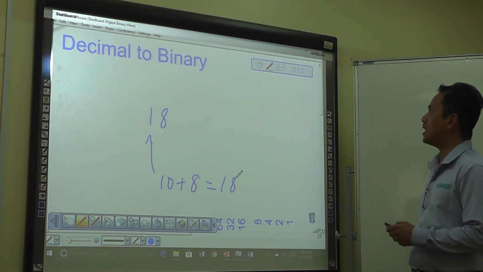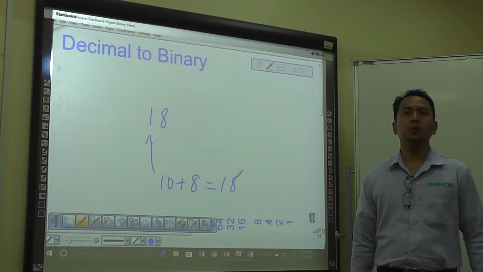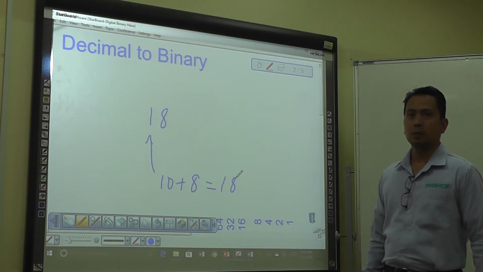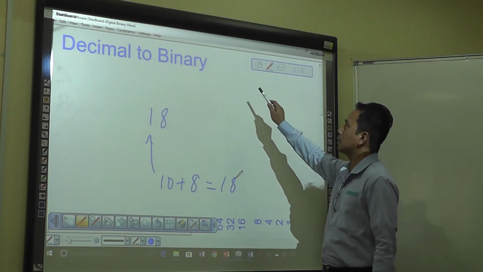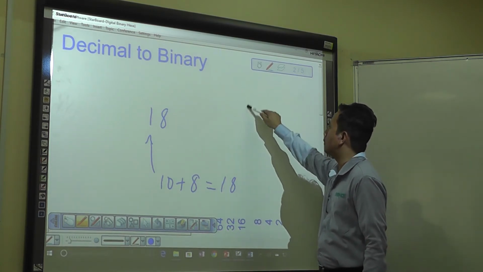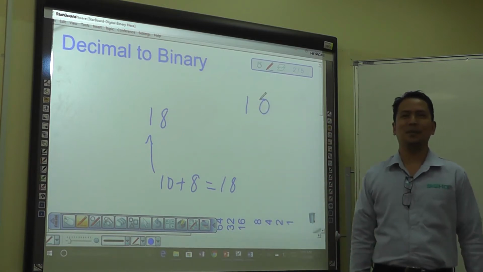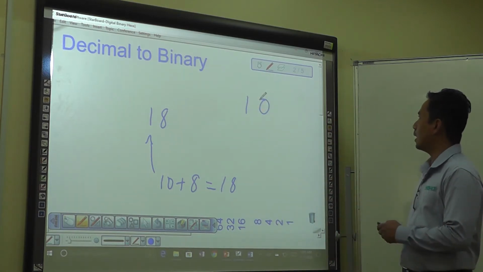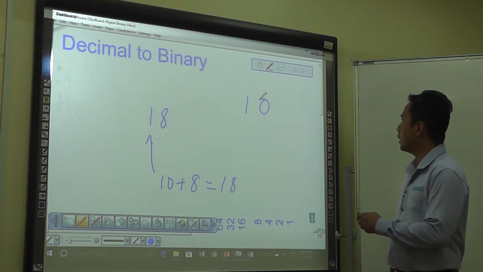With binary numbers, there are only 2 figures. So what are those figures? Binary numbers have 1 and 0. They represent the numbers 1 and 0.